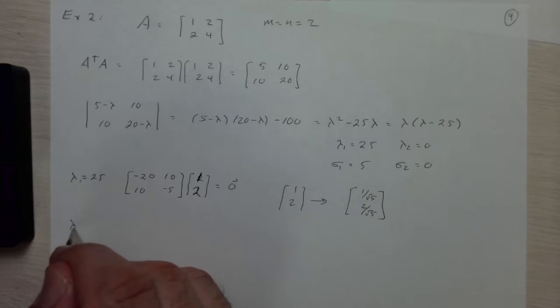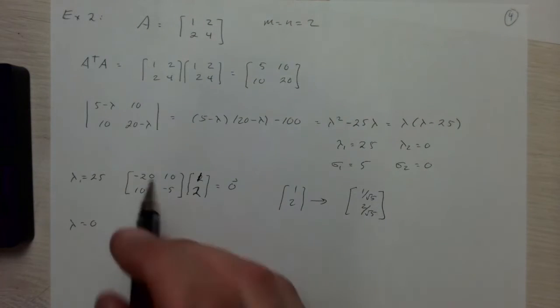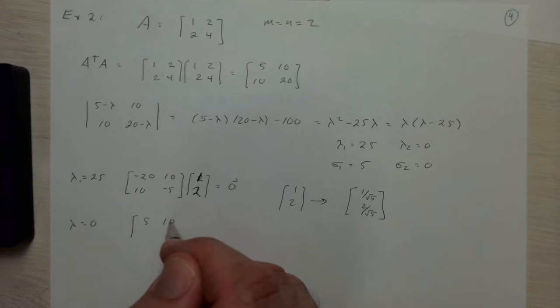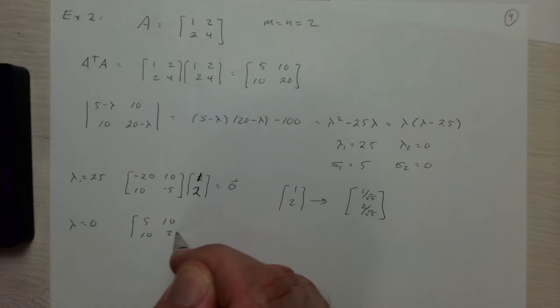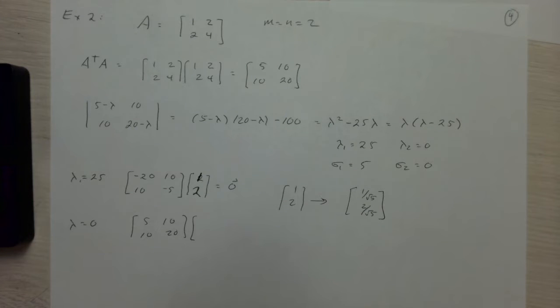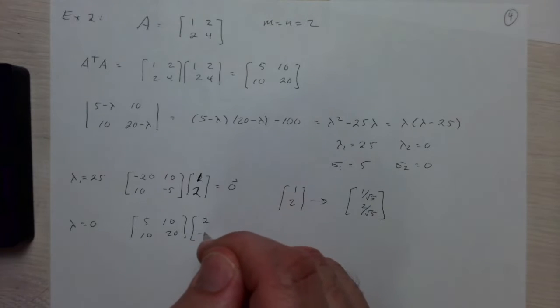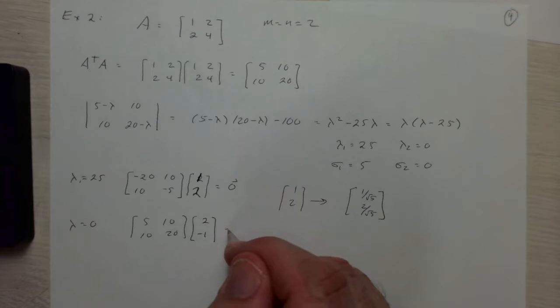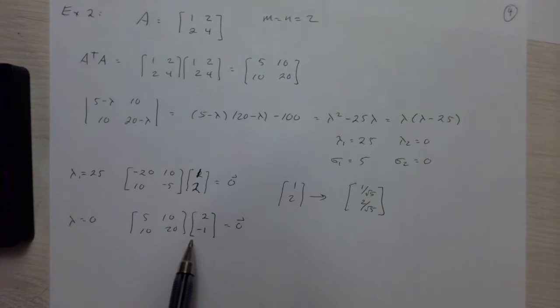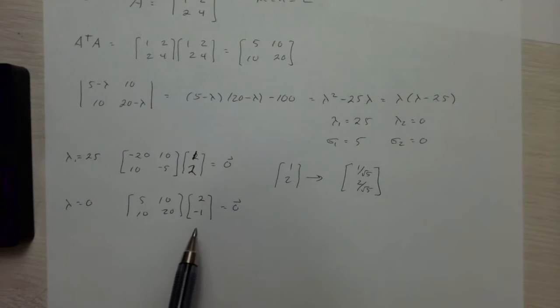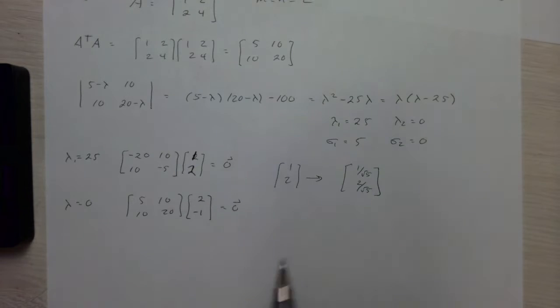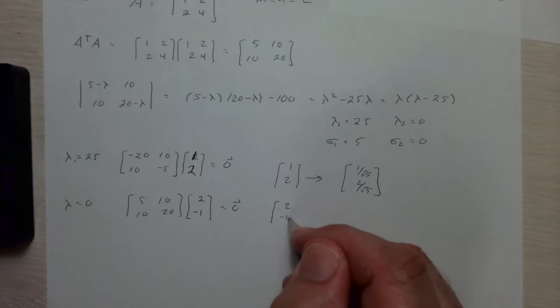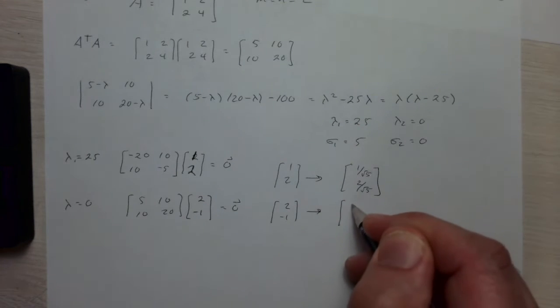Now if we take lambda equal to 0, plug that in here, we get 5, 10, 10, 20. And this time the eigenvector will be 2, negative 1. Hopefully you can see that works. Once again, the vector has length the square root of 5, so we can normalize it by dividing by the square root of 5.